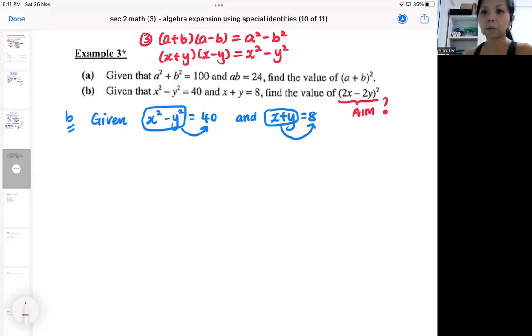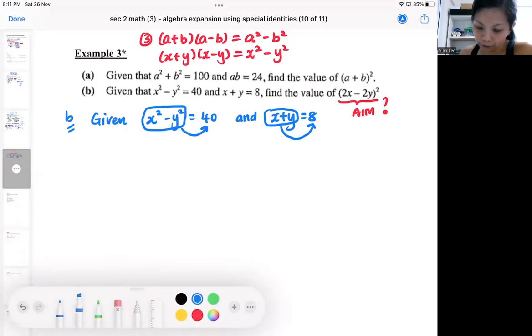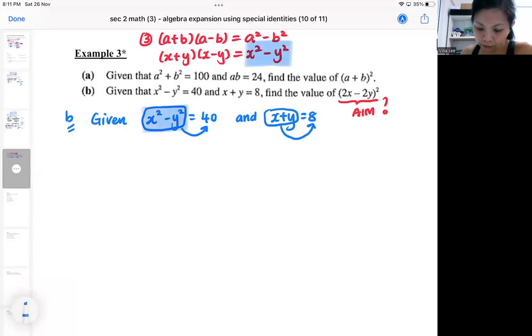Why do I want to do that? Because do you realize this and this are matching? That means the x squared minus y squared equal to 40 actually came from 2 brackets.